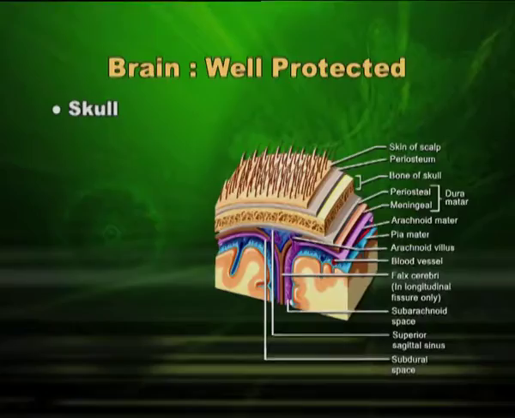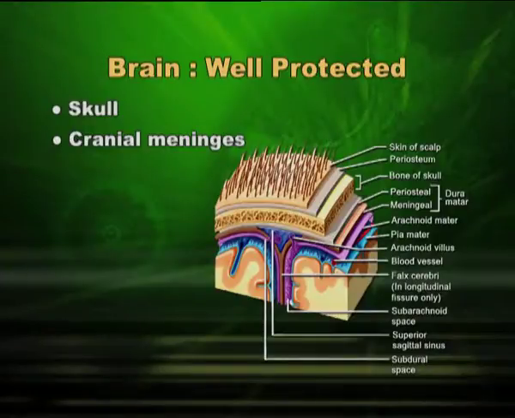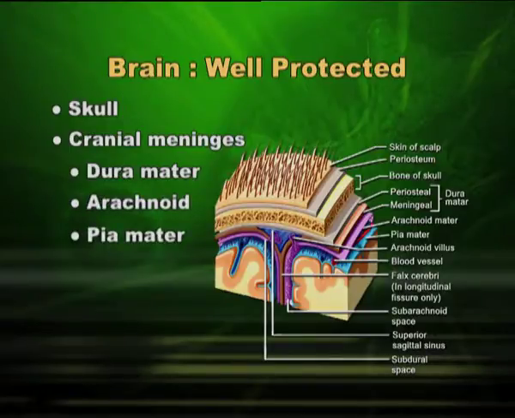Other than that, we have cranial meninges. The word cranial comes from cranium. Meninges means membranes and they are present within the skull, outside the brain, that means between the brain and the skull. Now, these meninges are named dura mater, arachnoid and pia mater.